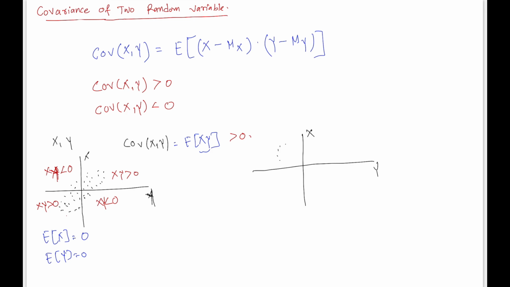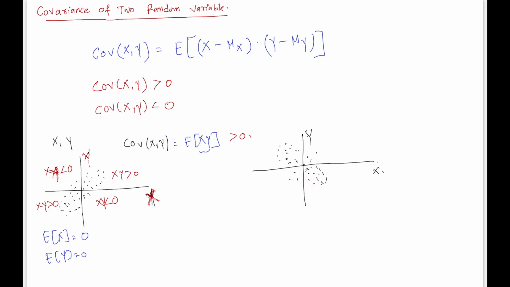Let's suppose we have the samples, or the probabilities, distributed like this in two-dimensional space, and each one has equal probability, distributed within this region. Here it will be y, and this is x, right?